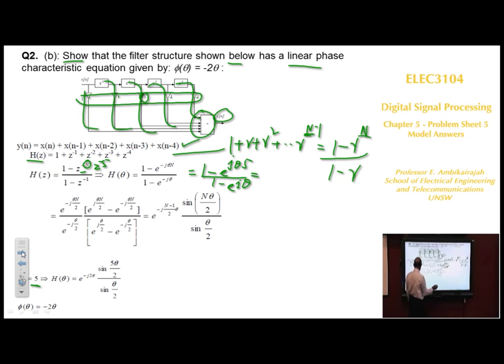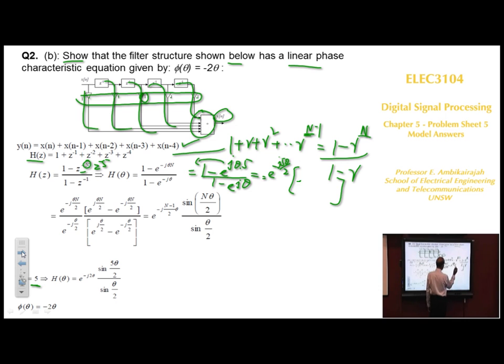Then the next thing would be, you can see it here, you must take out half of this outside. So this should be equal to e to the power of minus j 5 theta over 2, which you're going to take out.